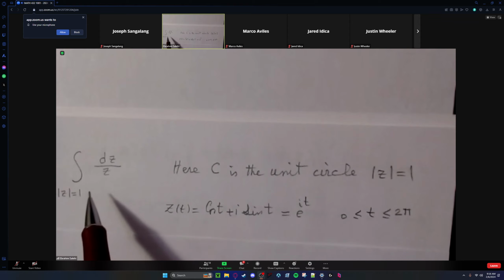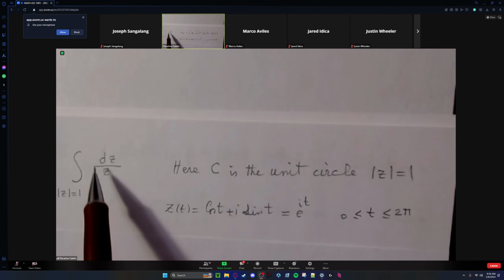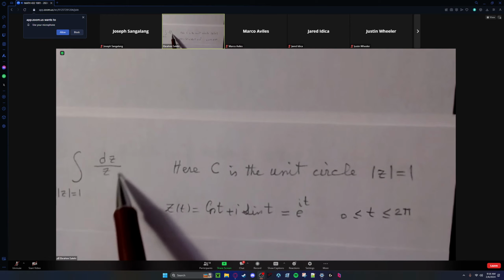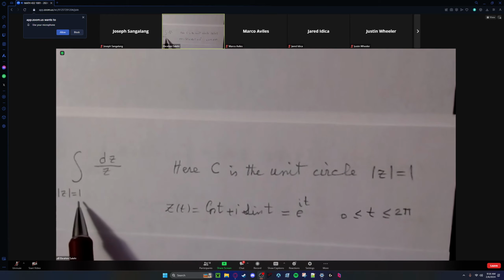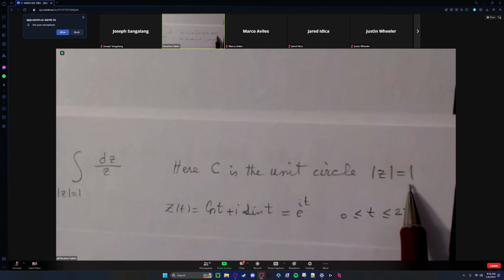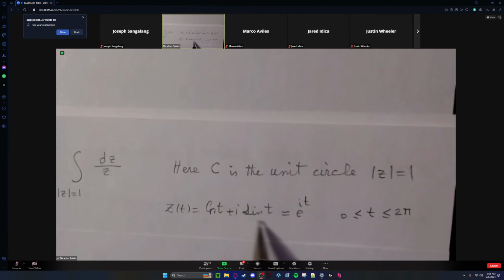The function that I'm integrating here is 1 over z. I want to integrate this one over this curve. What is this curve? This is the unit circle. All right, the unit circle is right here. Every point on the unit circle is this.